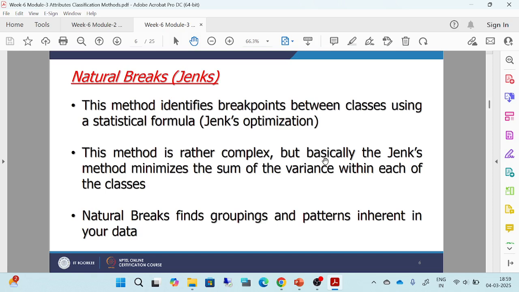It is a bit more complex than the equal interval method, but basically what it does is it minimizes the sum of variance within each of the classes. As I said, classification is done in order to reduce the complexity. So whatever variation is happening between these classes or within the classes will be minimized so that it's easier to understand.